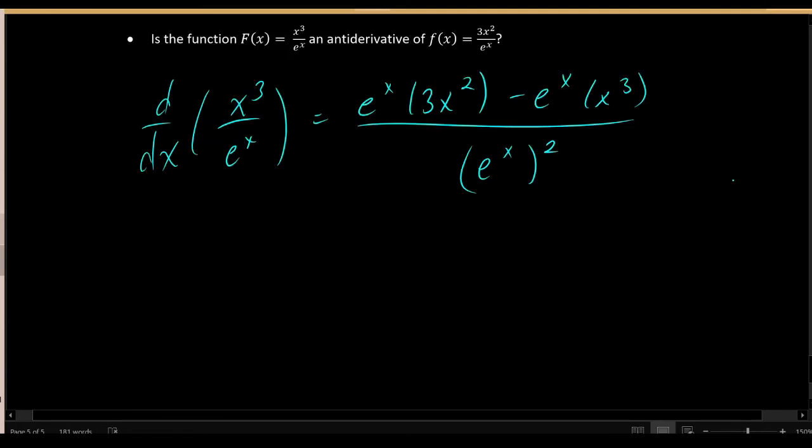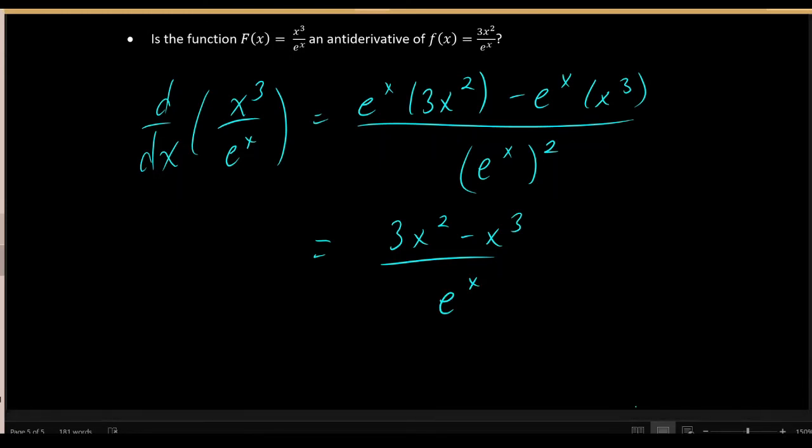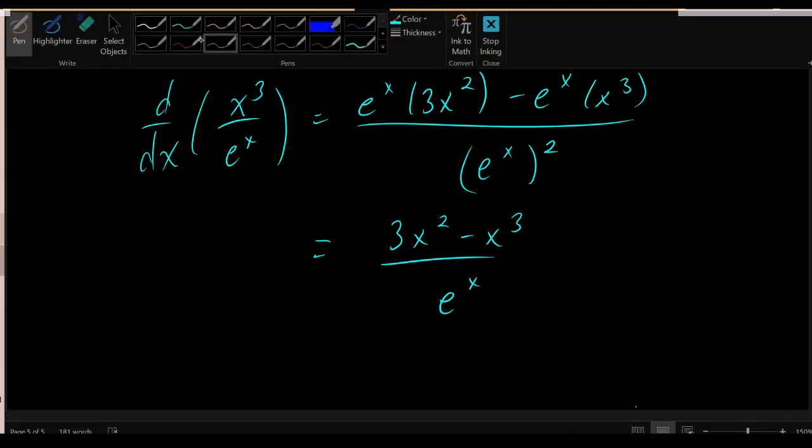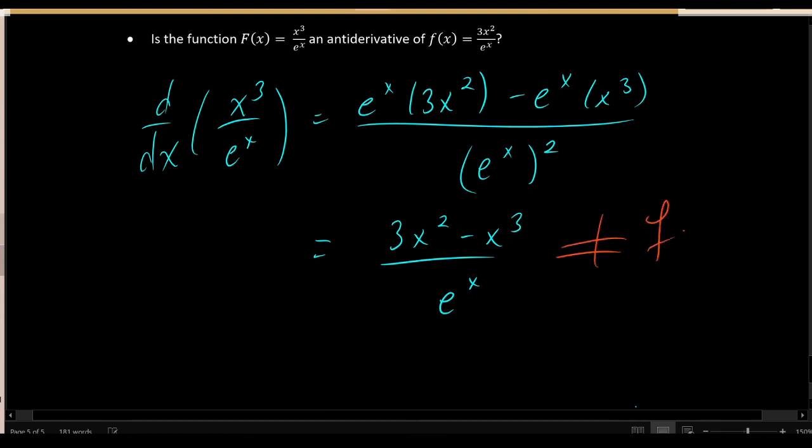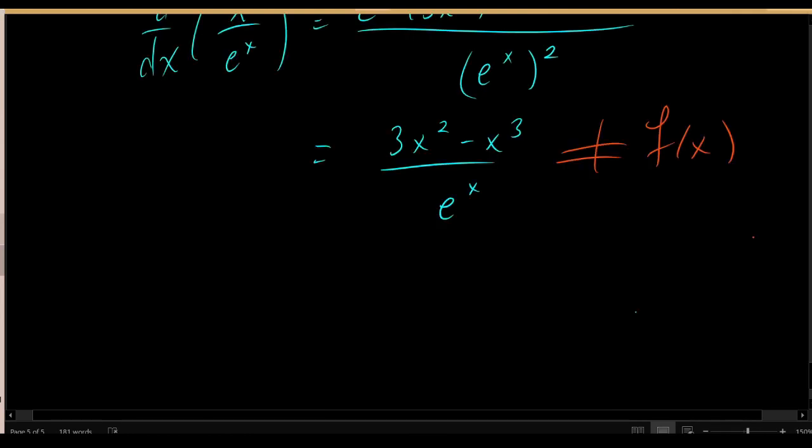But even after simplification, even after canceling those common factors of e to the x, I still get nothing that even remotely resembles f of x. I have the e to the x in the denominator, I have the 3x squared in the numerator, but the big issue is that I have this minus x cubed, which lowercase f of x does not. So once again, no, it's just not that simple. F of x is not an antiderivative.